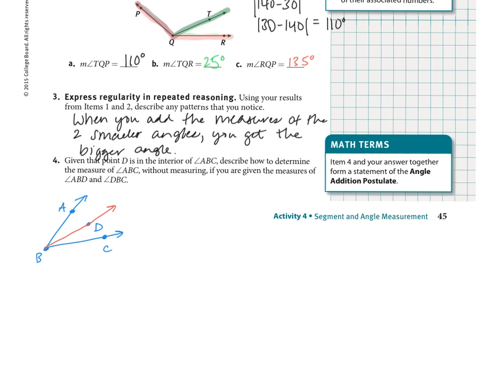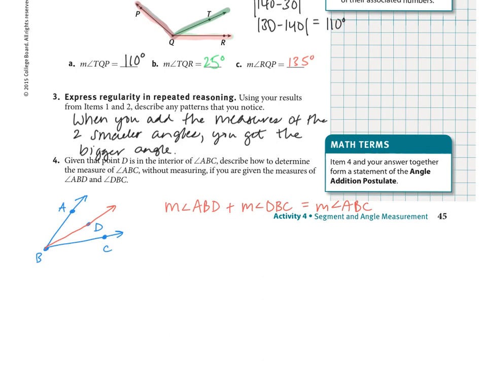Looking at this, we know the measure of angle 1 and angle 2. All together, we can find that total angle. So what we would write down is the measure of angle ABD plus the measure of angle DBC, adding those together will equal the measure of angle ABC.